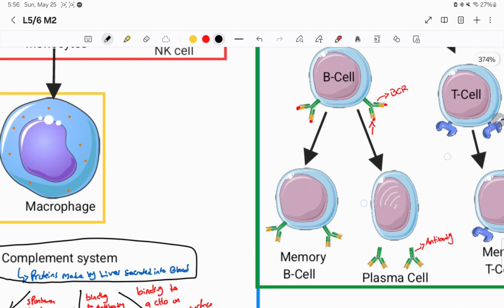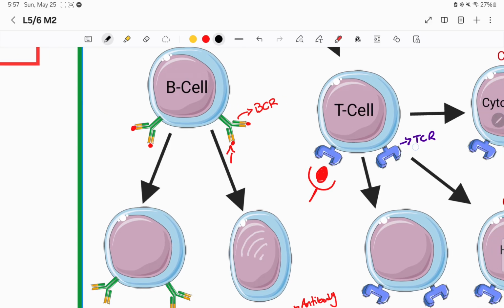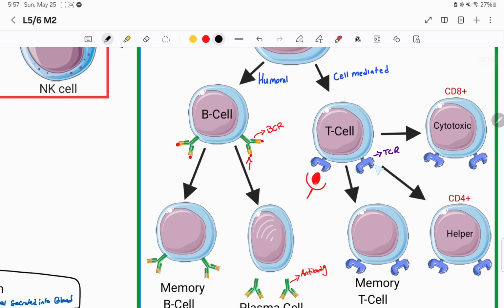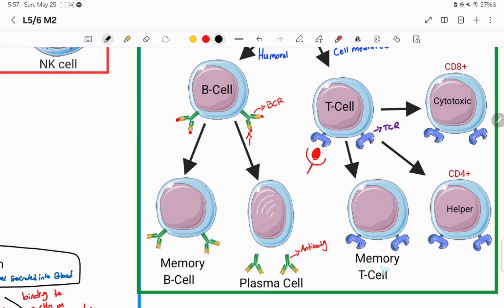Once it finds a T cell that can perfectly see this antigen and this MHC that we are presenting to it, the T cell will bind to this, become activated, and start proliferating. And you will get either a cytotoxic T cell or a helper T cell, okay? But in the process, you'll always make memory cells. And I told you guys why beforehand.